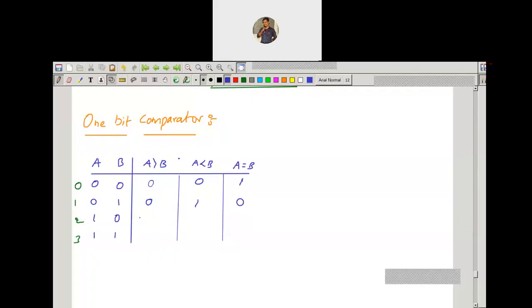Now coming to the next one, put your answer in the chat box, everybody. For the A more than B case, here A value is 1, B value is 0. In this case, our first possibility A more than B, is it going to be true or false?